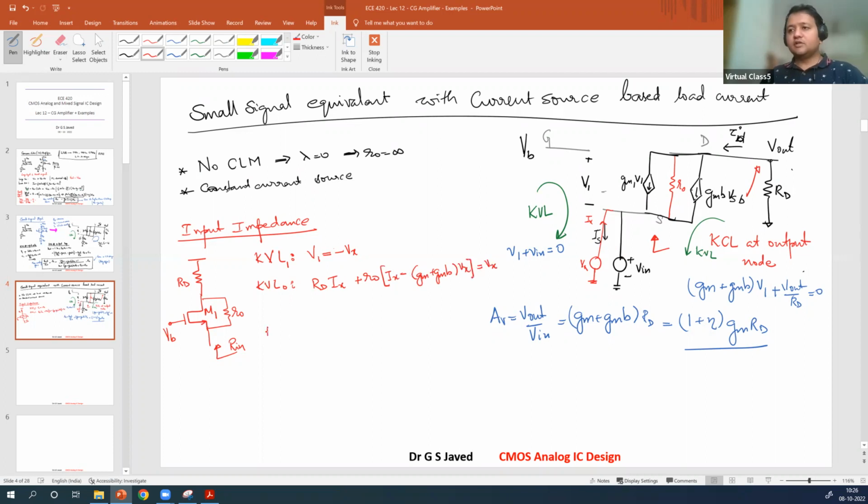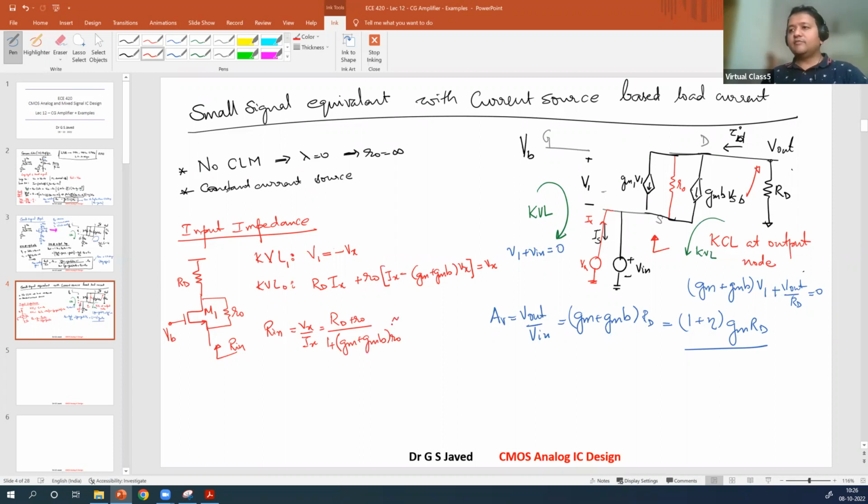Now if you simplify both of these, you get Rin as Vx over Ix, and that is given as RD plus R0 over 1 plus (gm plus gmb) R0.